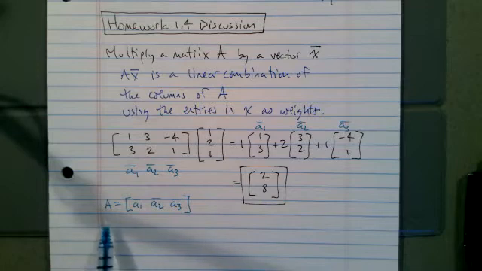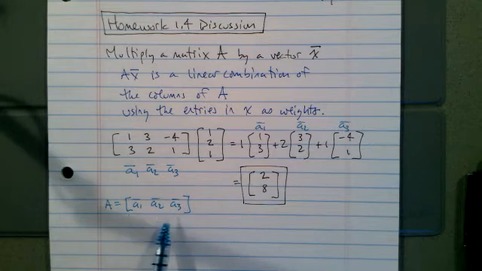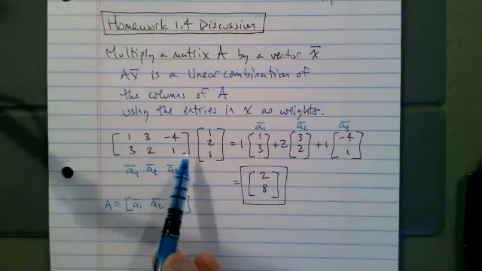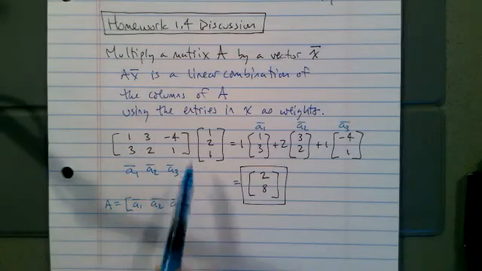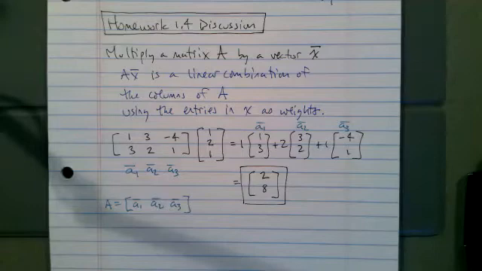Notice that when I write a matrix, I don't put commas in between the columns. I'm just separating them by space. So this is a typical naming scheme for the columns of a matrix.